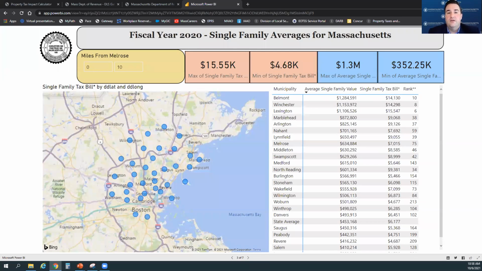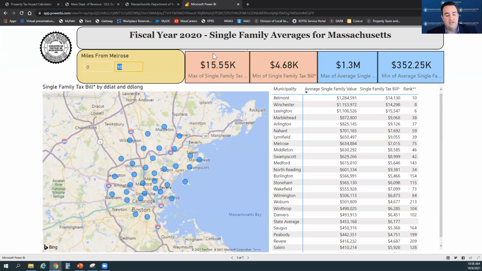This is a relatively new approach to community comparisons. Sometimes the communities around us are like us, and sometimes they're drastically different. Using the data set that was provided from DARB, you can get the municipality, an average single-family assessed value, single tax bill amount, and then where they rank.